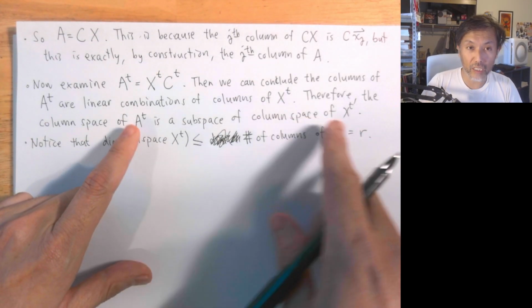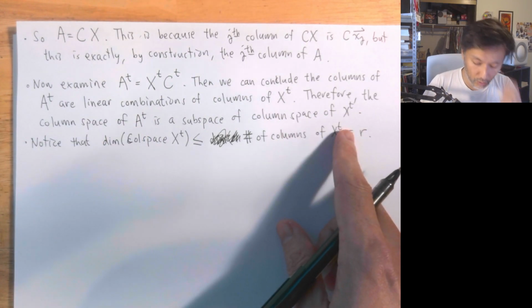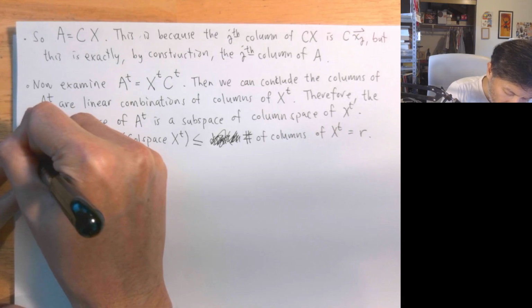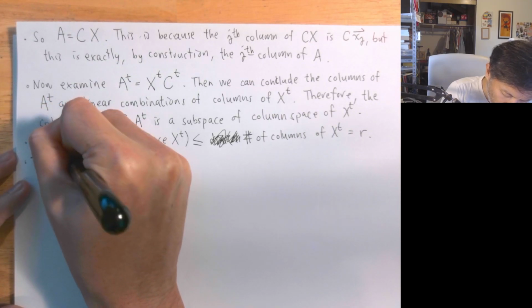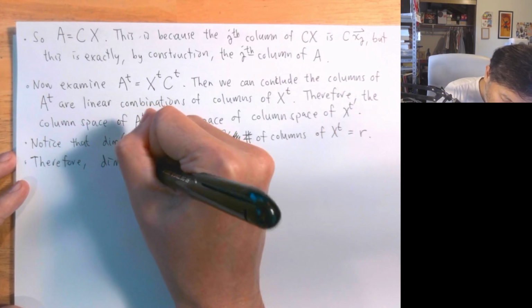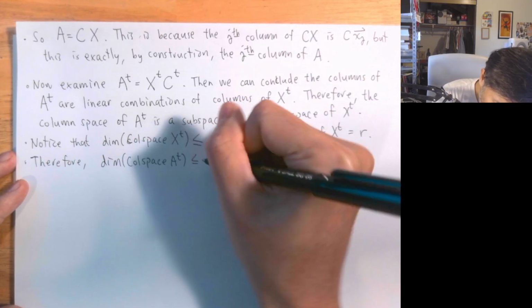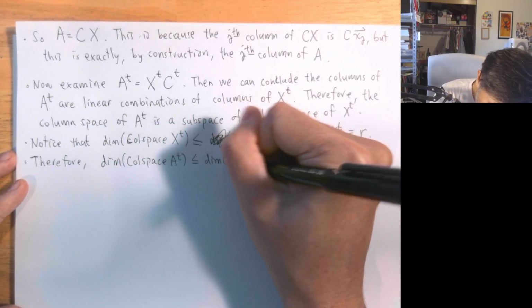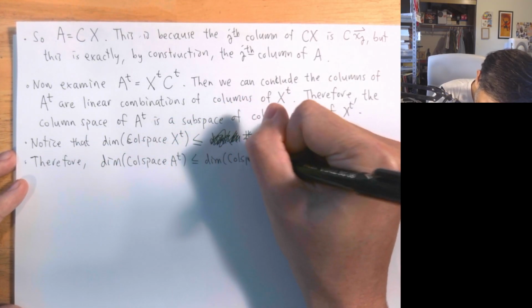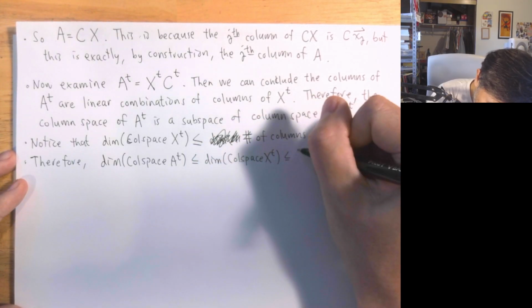Because the column space of A transpose is a subspace of the column space of X transpose, we know that the dimension of the column space of A transpose is less than or equal to the dimension of the column space of X transpose, which is less than or equal to R.